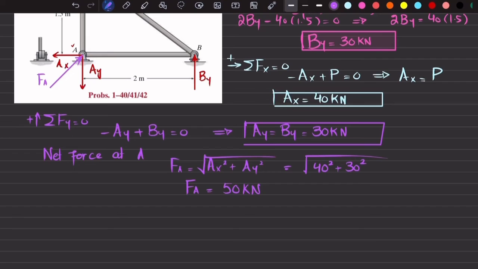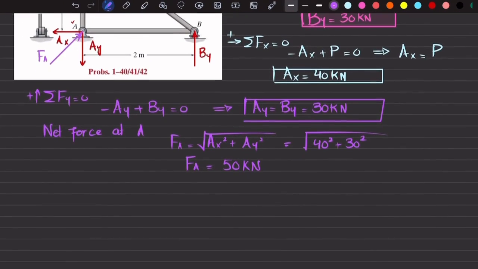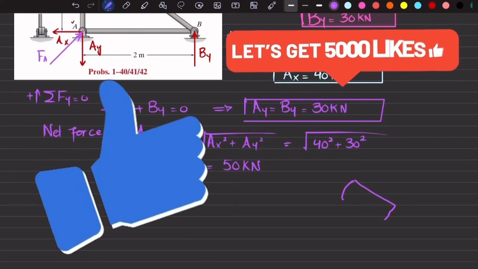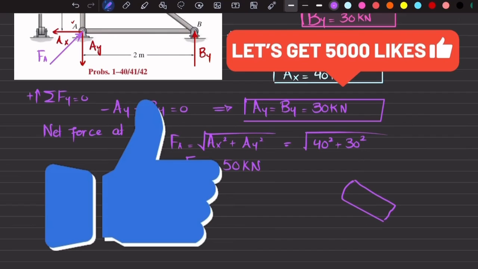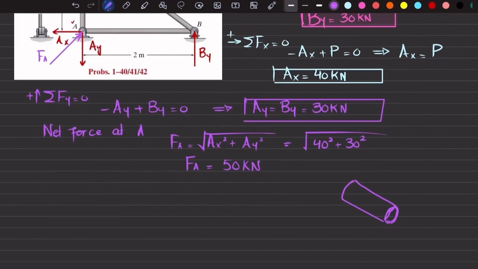So you can see that we have been given that each pin has a diameter of 25 millimeter and is subjected to double shear. It means that if you draw the pin like this, clear? So the net force that is acting on this pin is in this direction. Why? Because both are in negative direction.